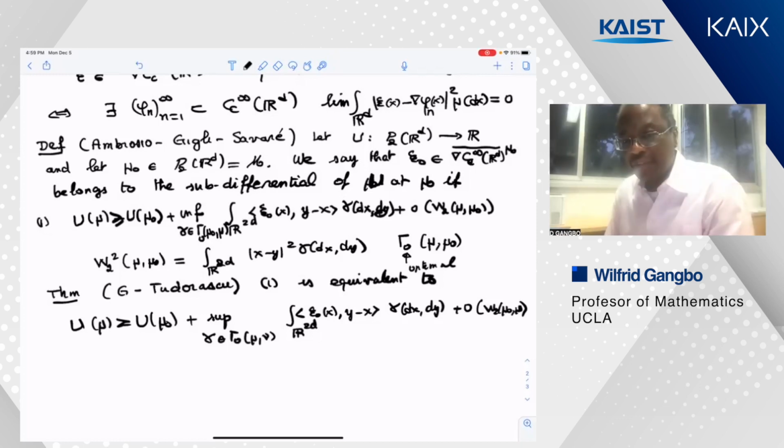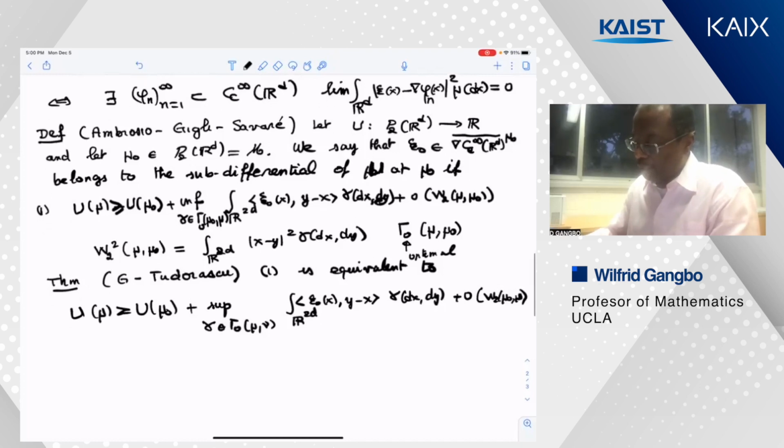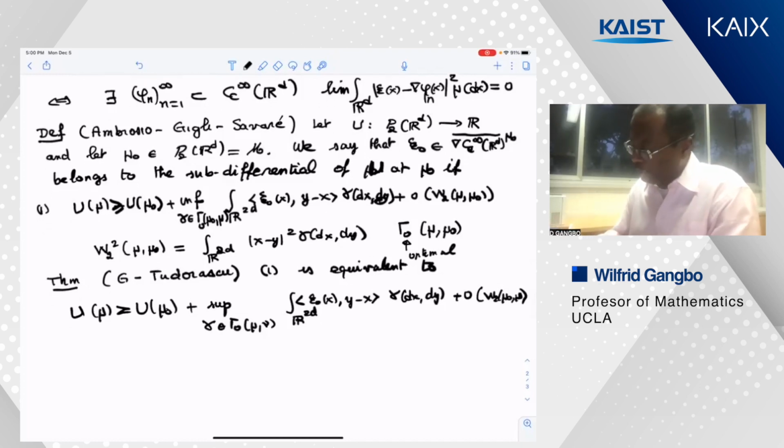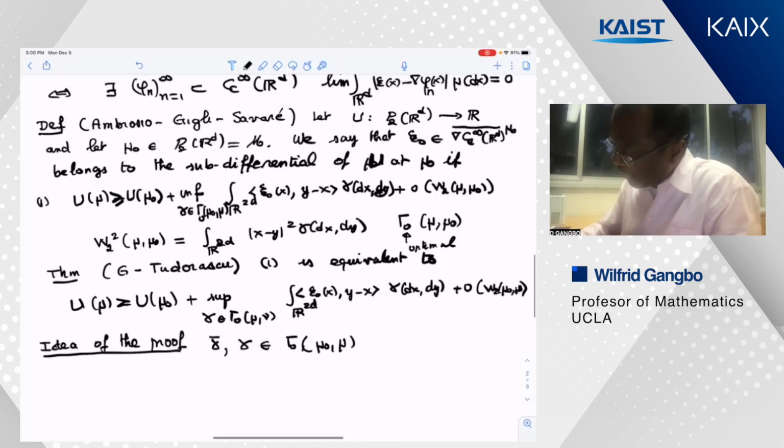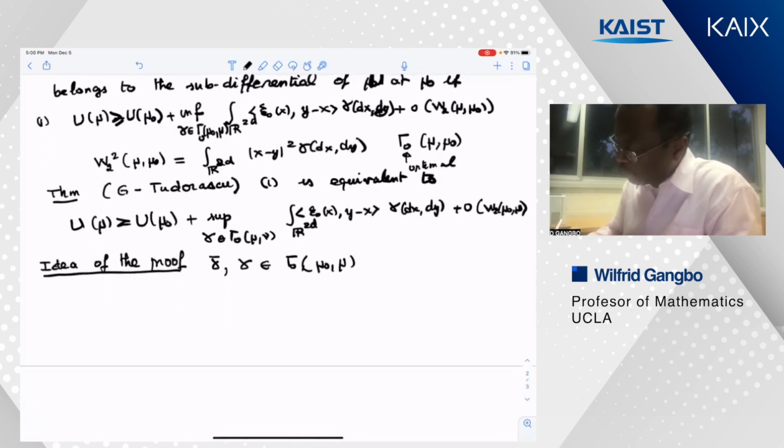Once you understand the intuition why it is true, you can write a rigorous proof which is just a little bit more technical. So, idea of the proof. I am going to take a gamma optimal between mu naught and mu, and gamma bar optimal between mu naught and mu.